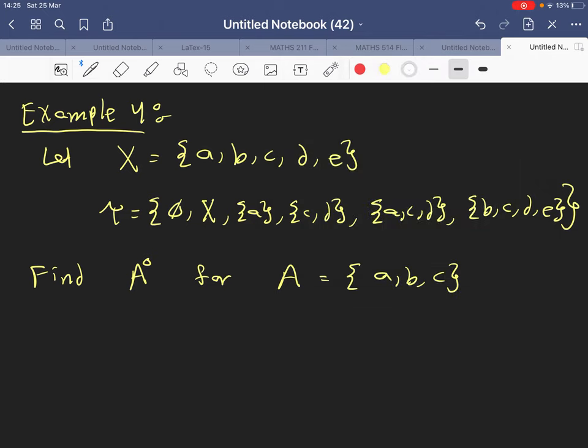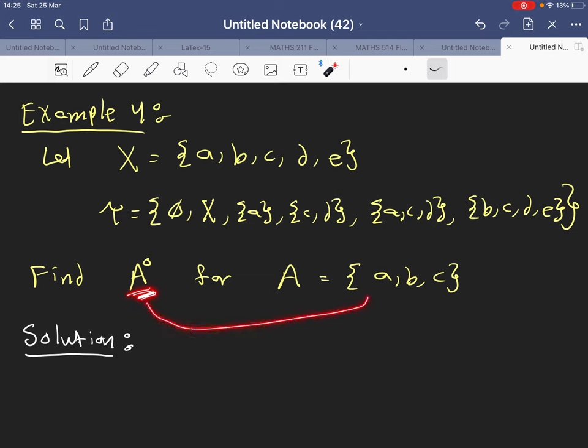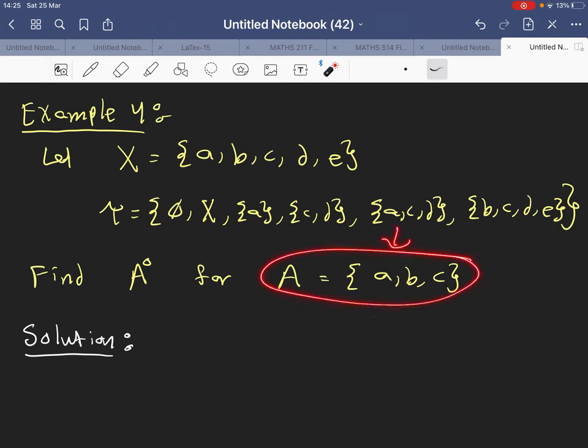We want to find the interior, so let's see the solution. Of course, here we have many ways to solve this example because we have three equivalent definitions for the interior. Either we find the union of all open subsets contained inside A, or we find the largest open set contained in A, or we try each point of this topology to see whether it lives in the interior by finding an open subset containing that point.